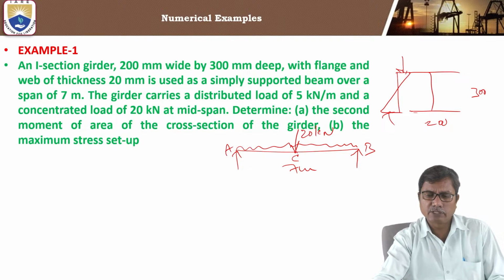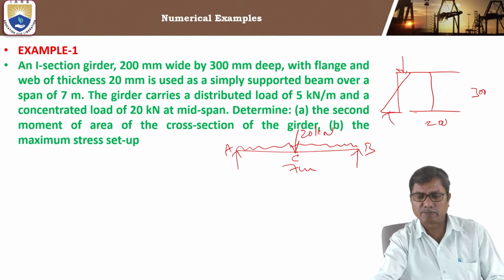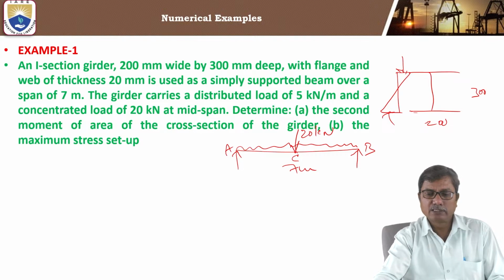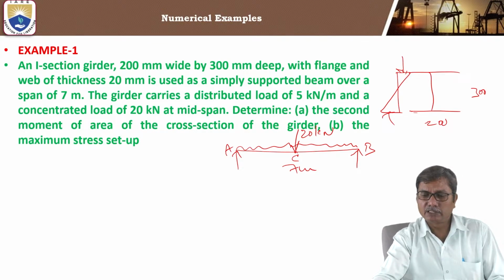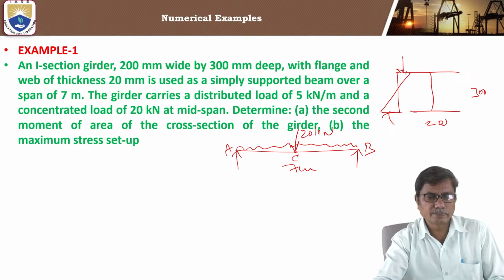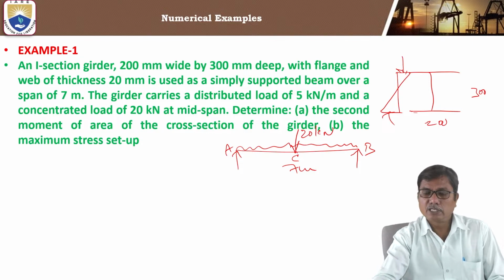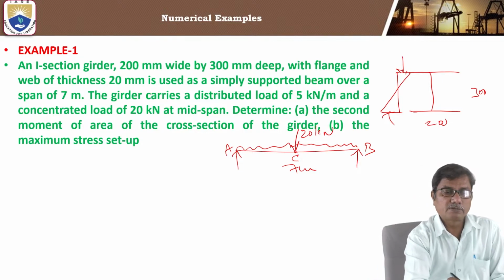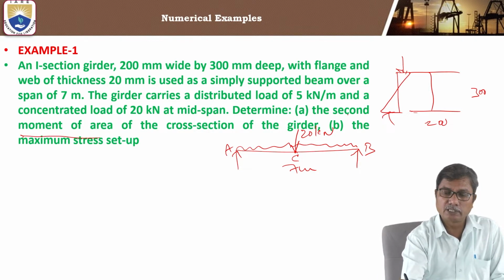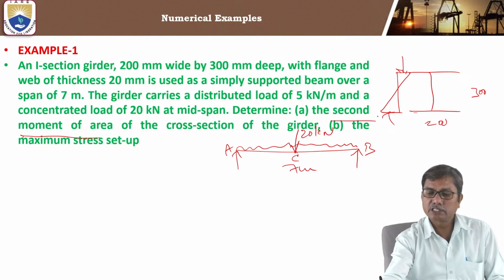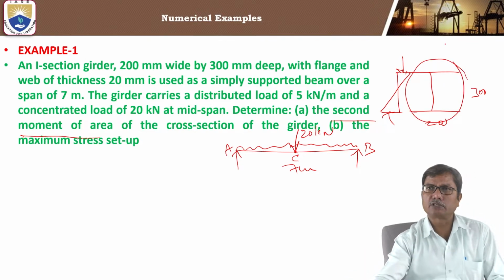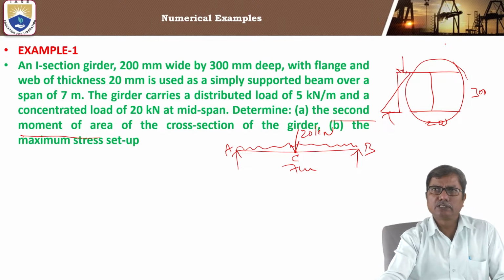For that bending moment, we calculate the sigma maximum. And the second moment of area means the moment of inertia. It depends on the shape and size of the cross section.